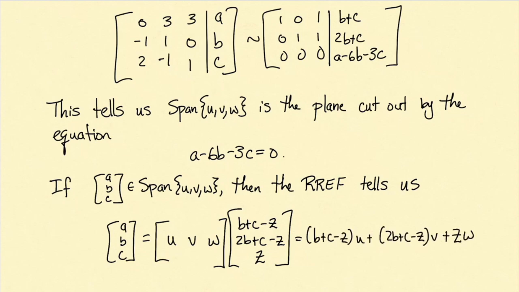So in particular, we see that the representation of any vector in the span of u, v, and w is not unique. We can choose any value that we like for the free variable z.